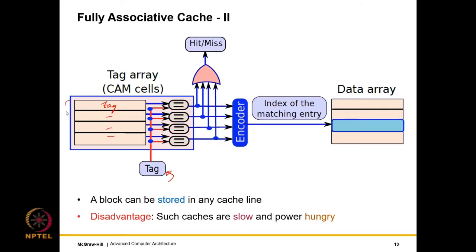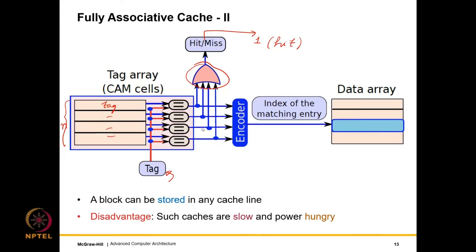So if there are n entries over here, in this case if n is 1024, we'll have 1024 match lines coming out. So we can compute a logical OR of all of them. If one of them is 1, the final output will be 1, and that will indicate a hit.